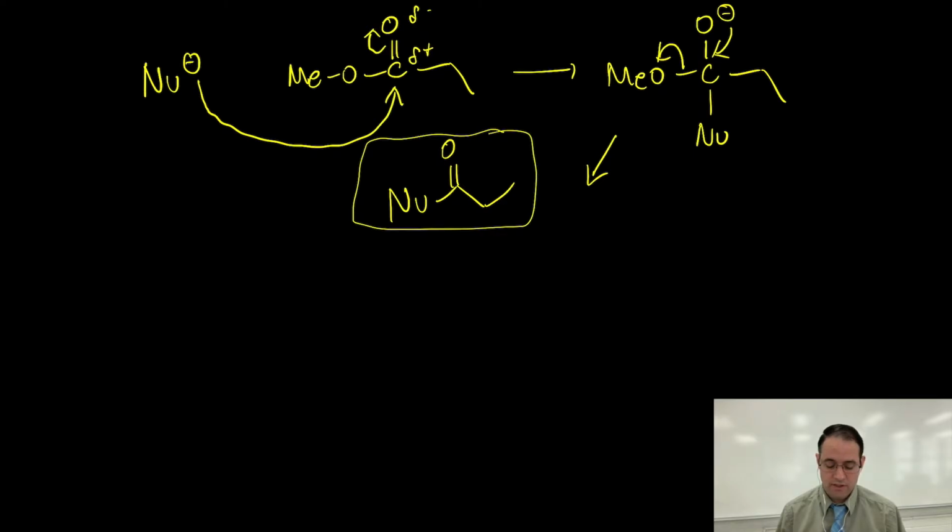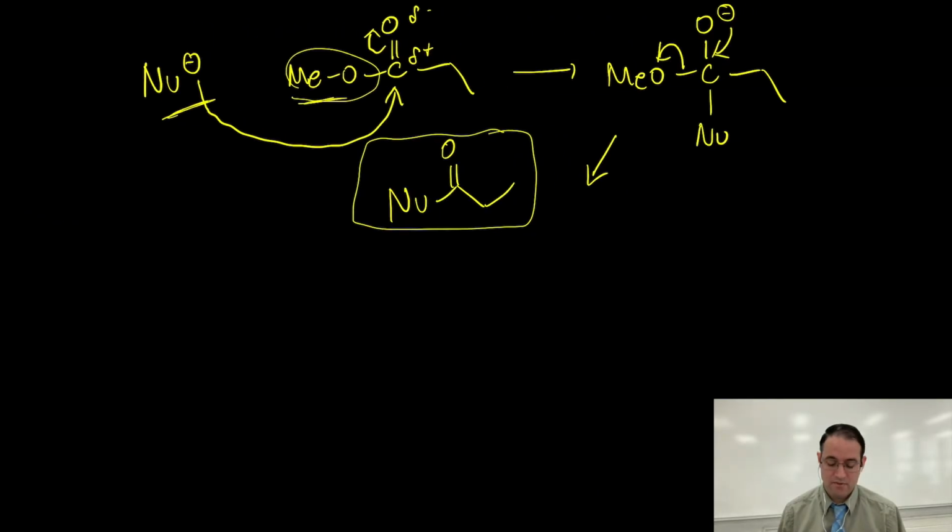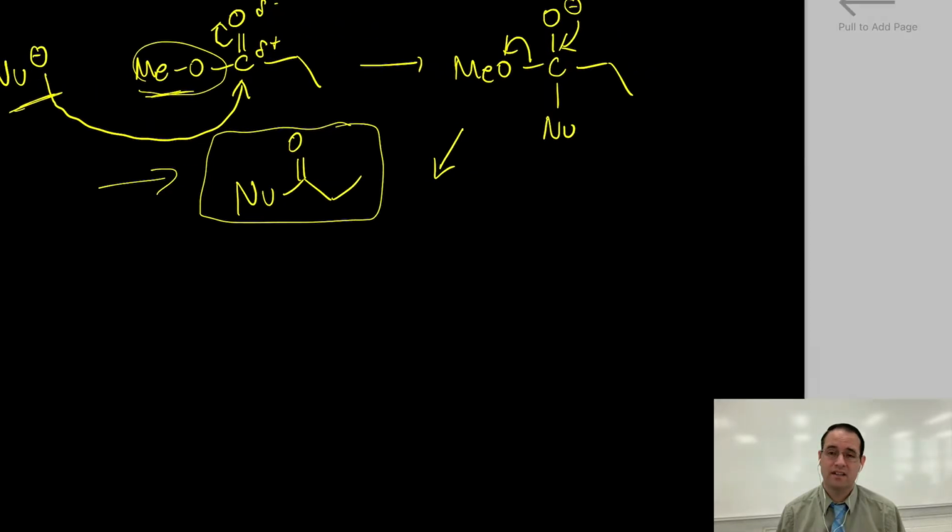So this was the subject of a whole chapter. This is called Nucleophilic Acyl Substitution because you're using a nucleophile to substitute something on the acyl group of a carboxylic acid derivative, okay? So we're gonna combine this concept here with this concept here in a reaction called the Claisen condensation, okay?